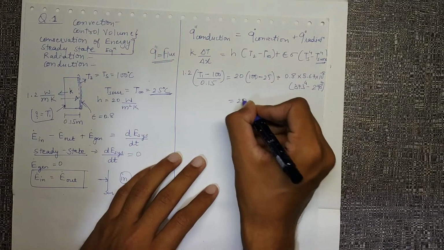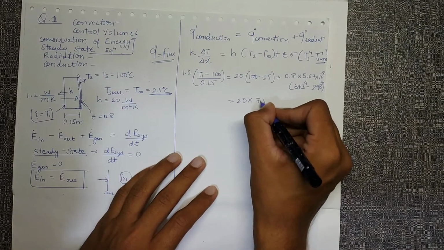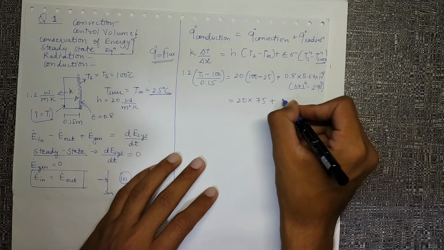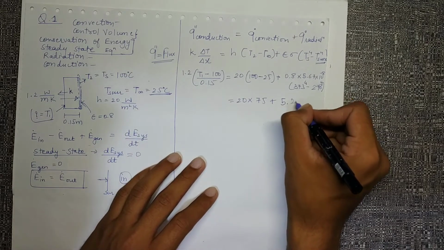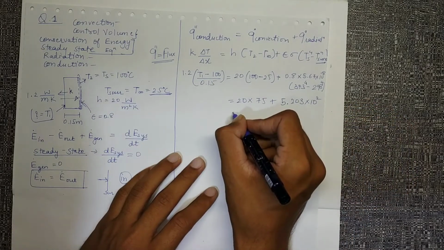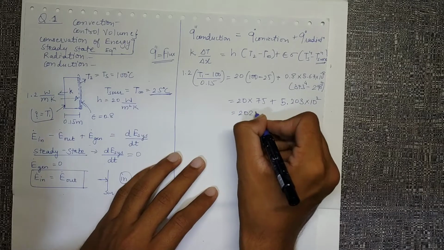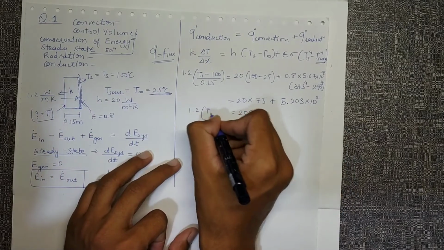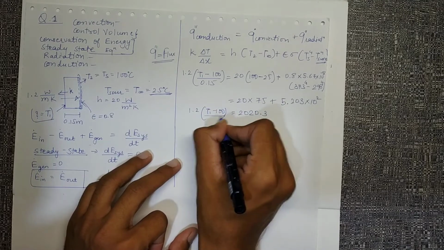So this is 20 into 75, and solving this I'll get 5.203 into 10 raised to 2. So this is 2020.3. Okay, and over here we have T1 minus 100 upon 0.15.